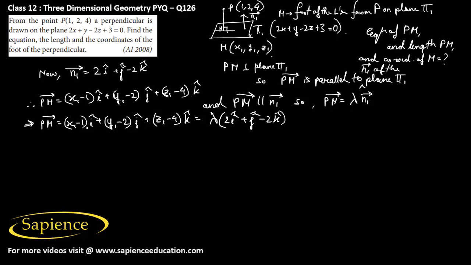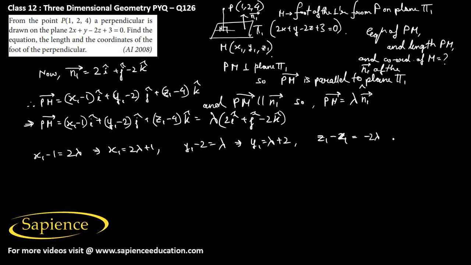Now if we compare both sides, we get x1 minus 1 equal to 2 lambda, so x1 is equal to 2 lambda plus 1. y1 minus 2 equal to lambda, so y1 is equal to lambda plus 2. z1 minus 4 equal to minus 2 lambda, so z1 is equal to 4 minus 2 lambda.